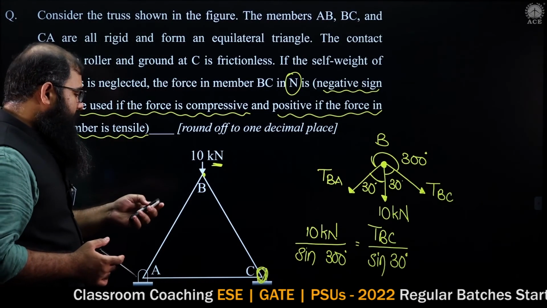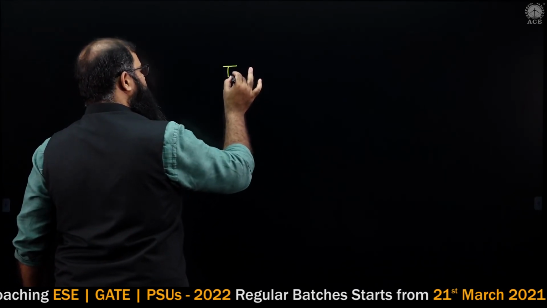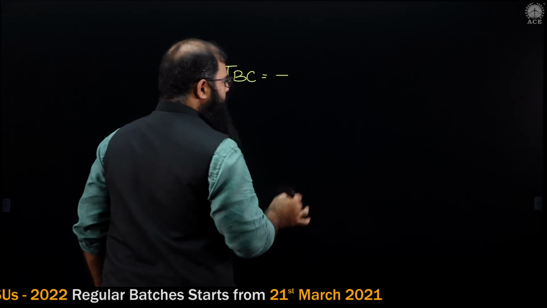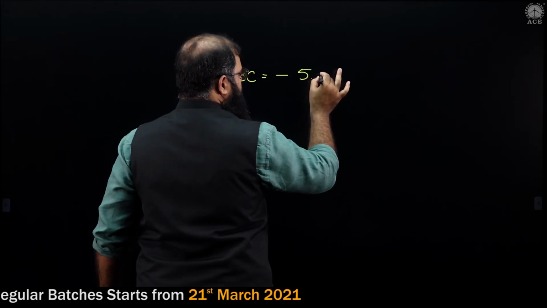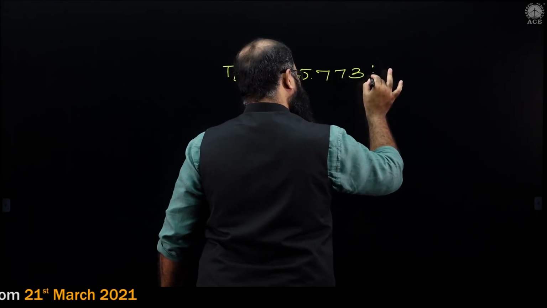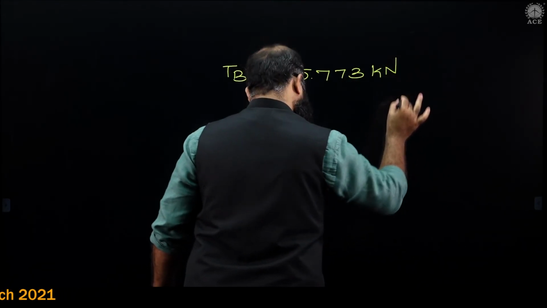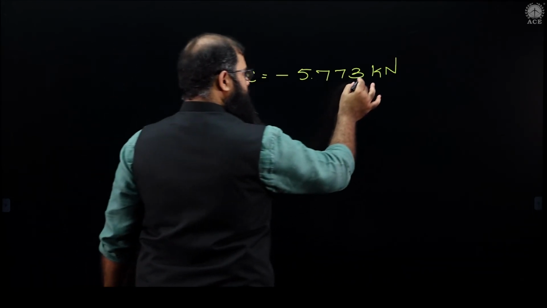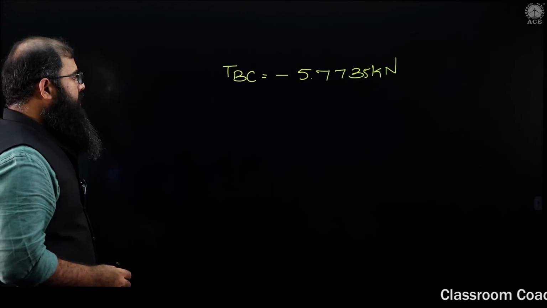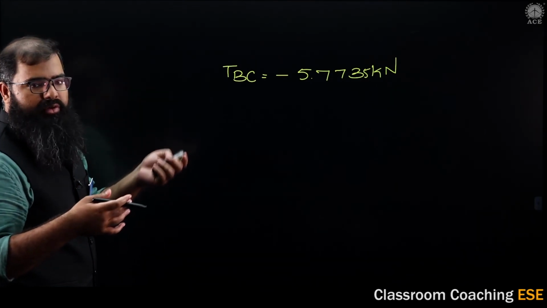From here, if you calculate the value of TBC, the value of TBC comes out to be equal to, first of all, negative 5.773 kilonewtons, let us say. This is the value. Now, but he wants the answer in newtons.